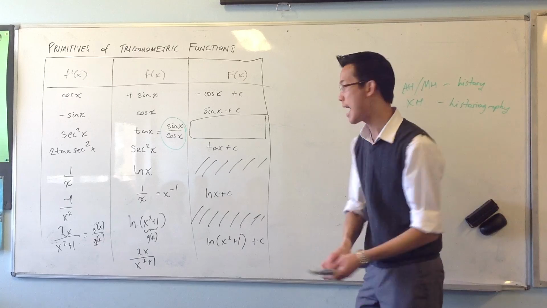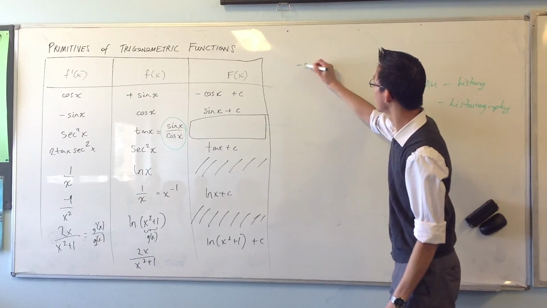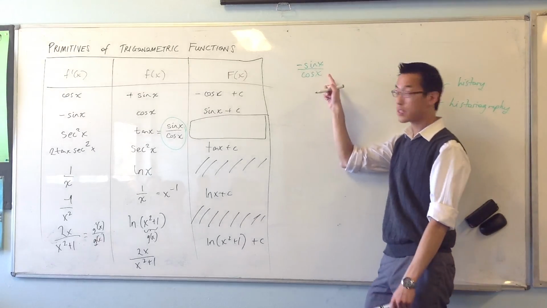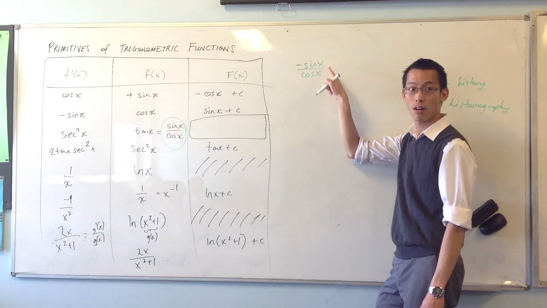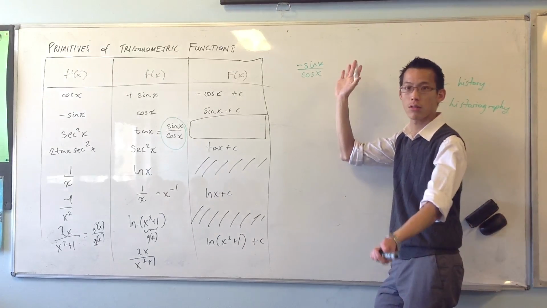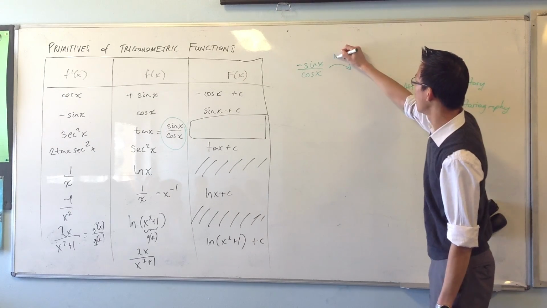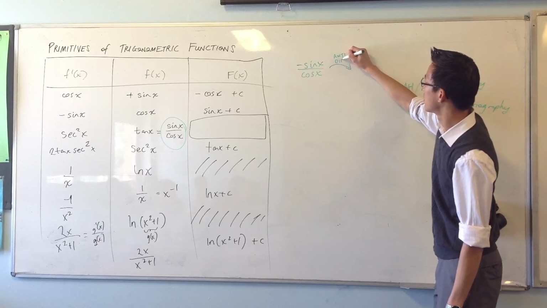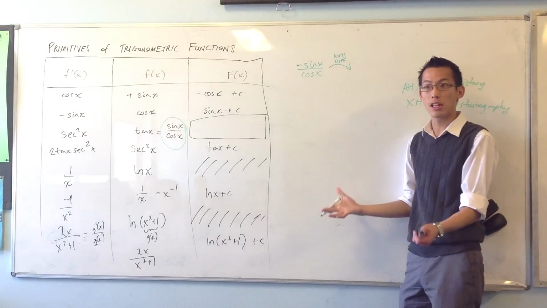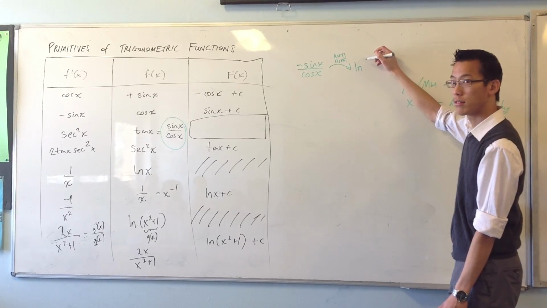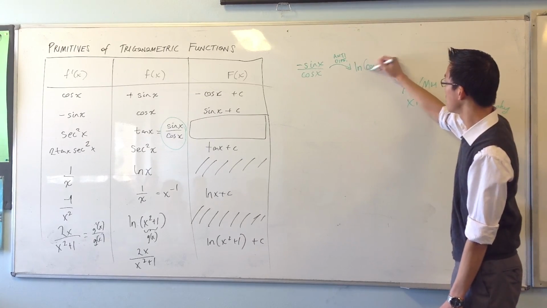So if I had this, okay, this is g dash on g, or f dash on f, whatever you want to call it, okay? So what do you think the primitive of this is? This is going to be a log of some kind, right? Log of, just log of cos x, yeah?